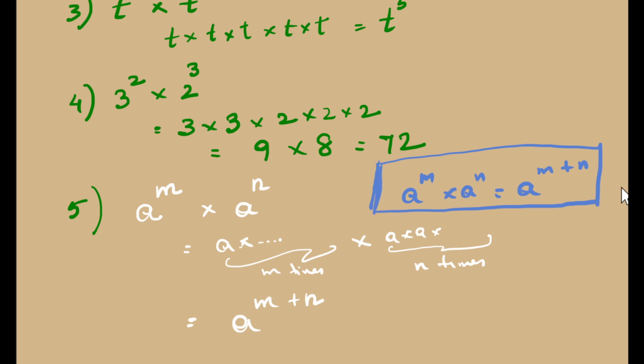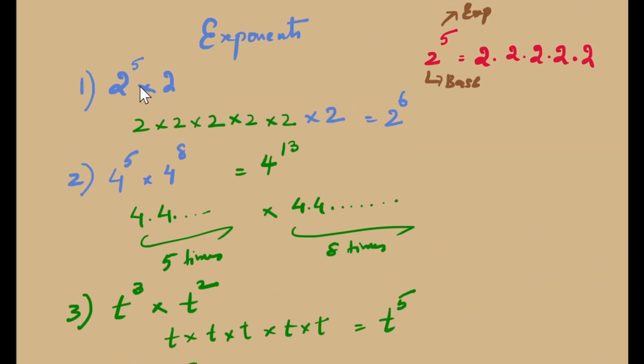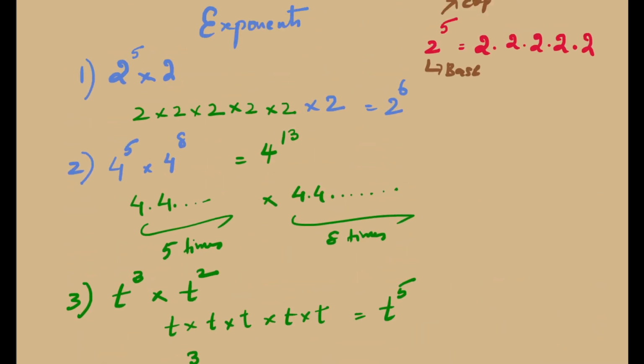Now let's verify whether this rule which we have generalized is satisfied by all these examples. Look at the first one: 2 raised to the power 5 multiplied by 2. Yes, the bases are the same. The base is 2, just like in our rule the base is a. The base has to be the same for this generalization.